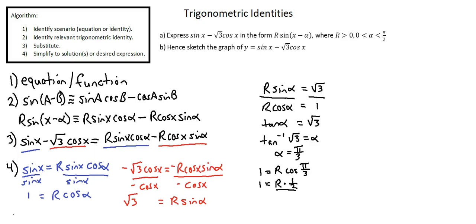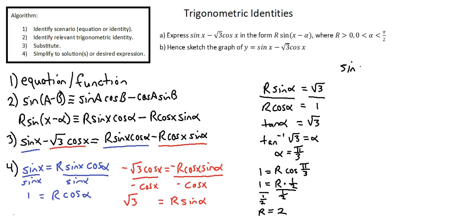Then dividing both sides by 1/2, we have r equals 2. And again, referring to our requirements, we're required to have an r value greater than 0, which is our case, r equals 2. A calculation of an r value less than 0 would be an indication that we're using the wrong angle. So we've solved for alpha, and we've solved for r, and we can now complete requirement A.